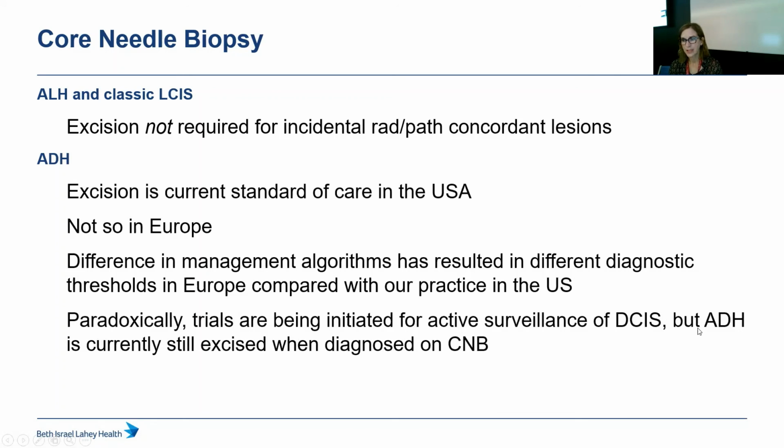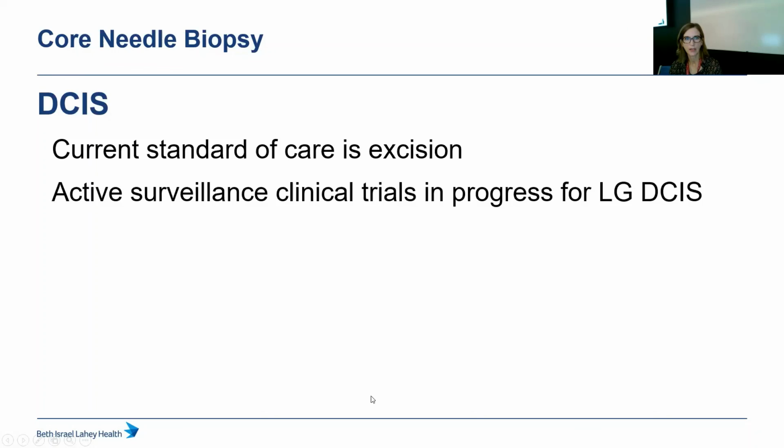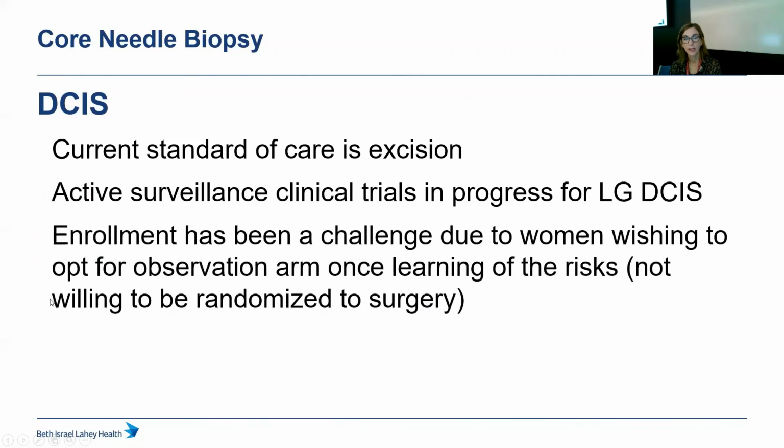And then the other thing is that paradoxically, there are trials for active surveillance of DCIS, but ADH is still currently being excised when diagnosed on core needle biopsy. So again, trying to be very consistent in our diagnosis patterns. The current standard of care is excision, although, as I mentioned, active surveillance clinical trials are in progress.